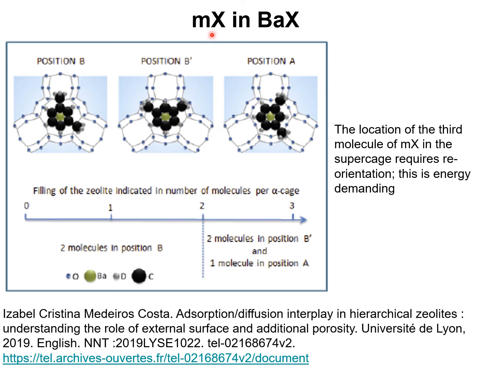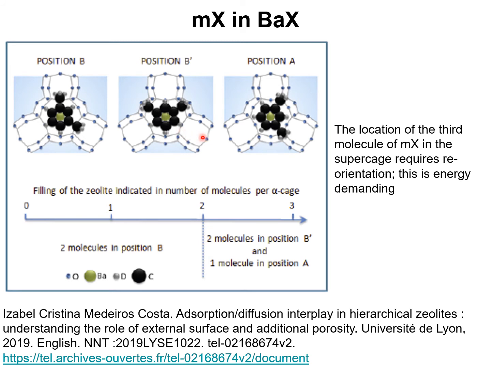Let's consider first the adsorption of meta-xylene in barium-X. Within a single alpha cage, the location of the first two molecules of meta-xylene is relatively easy.